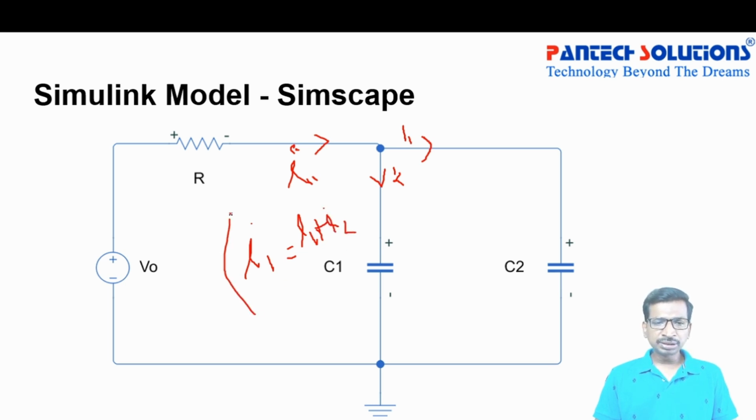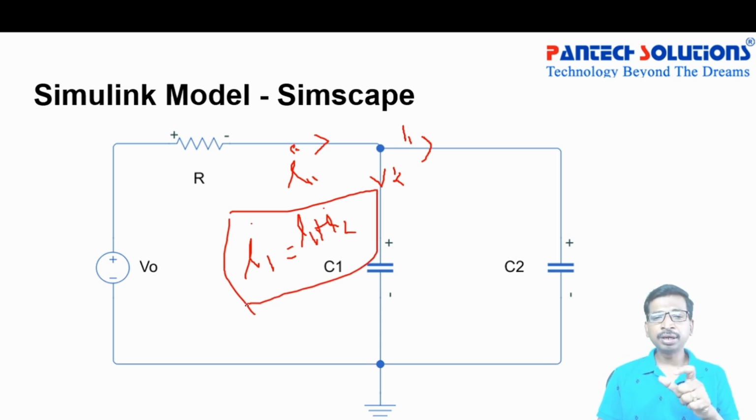Suppose if you know this equation, and then what is the current through capacitor 1 and the current through capacitor 2, then if you have those equations, from that equation also you can develop this circuit. So that is another method.